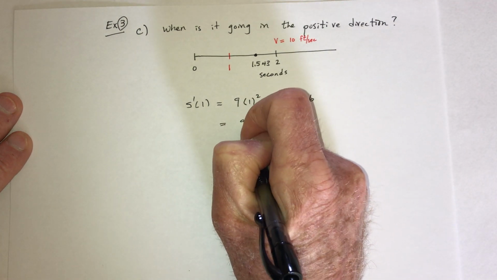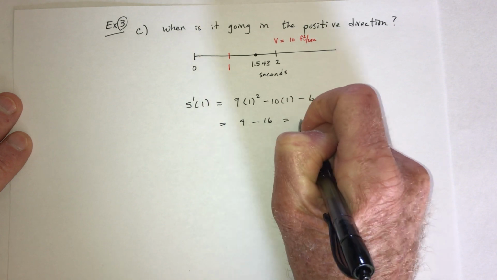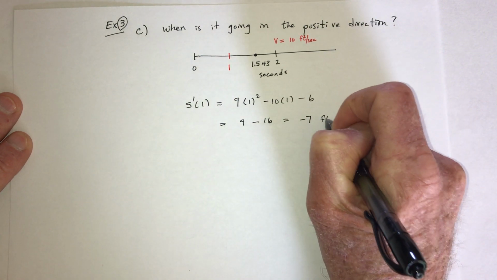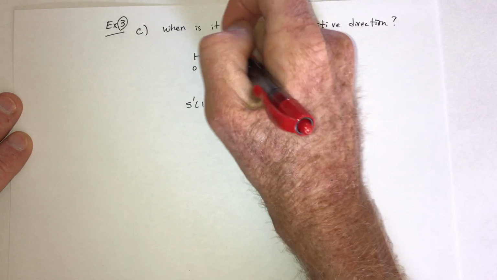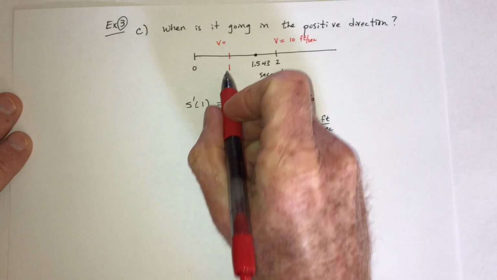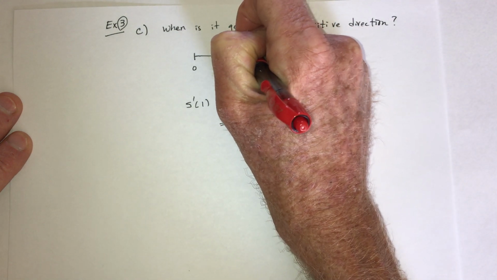So this would be 9 minus 16. And then that's a negative. So at this moment, the velocity is negative 7 feet per second.